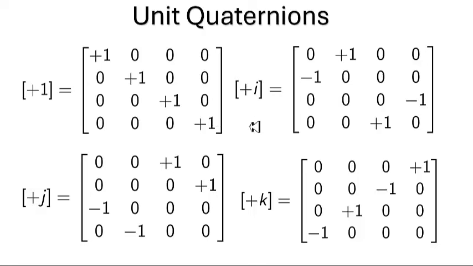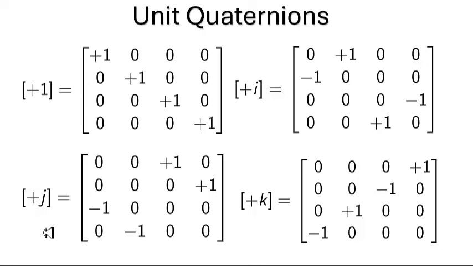So the positive i matrix corresponds to locations in the matrix. In the positive i matrix, the i in the quaternion are locations in the matrix. So you've got +1 here, -1 here, -1 here, and +1 here. This is what i looks like under the hood. If you could look under the hood of quaternions, this is what i would look like.